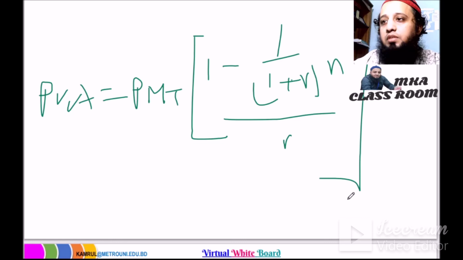So, in our problem we can use this formula: 100 into 1 minus 1 divided by (1 plus 0.10) power 4, divided by 0.10.